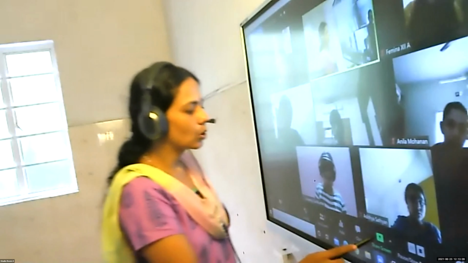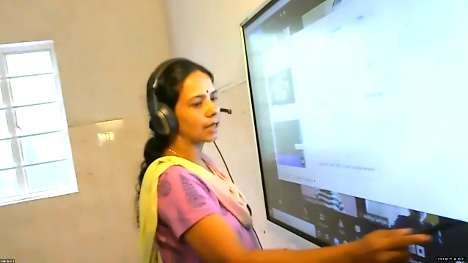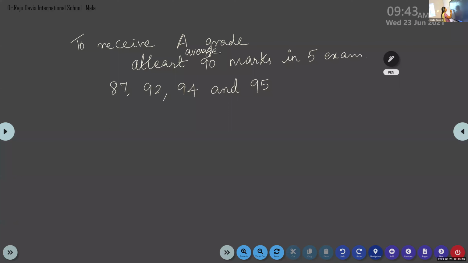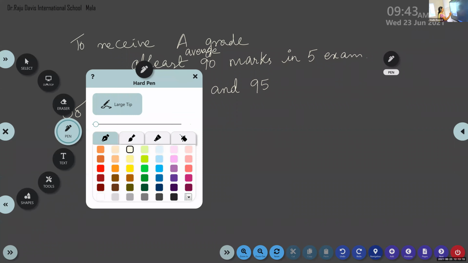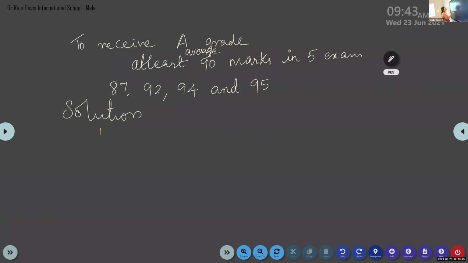So we don't know the 5th mark. Solution: let X be the marks in the 5th exam.